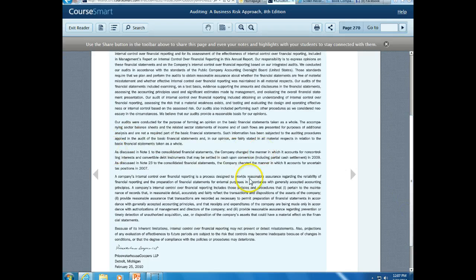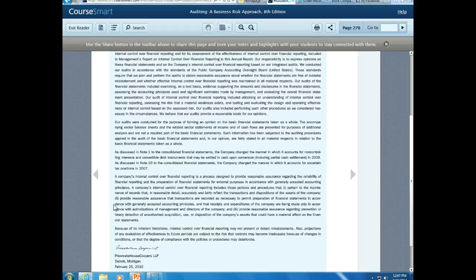You'll see here as you look on page 270 of your textbook, it talks about a company's internal control over financial reporting being a process designed to provide reasonable assurance regarding the reliability of financial reporting and the preparation of financial statements for external purposes in accordance with generally accepted accounting principles.